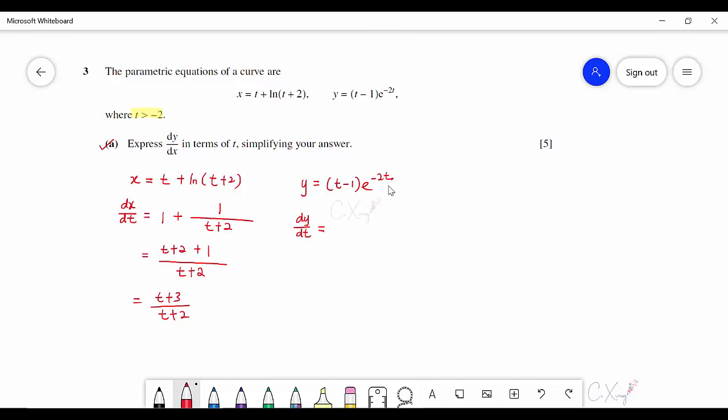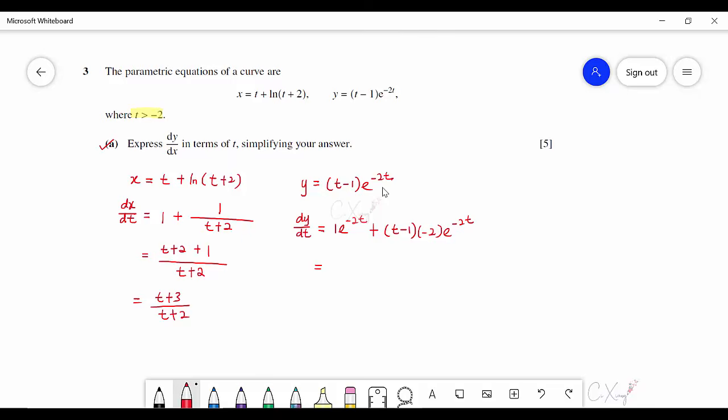Differentiate the first bracket, you get 1, then copy the second function, which is e to the negative 2t. Then plus, you do the other way around: copy the first bracket, then differentiate the second. Differentiating e to the negative 2t, you get negative 2 e power negative 2t.